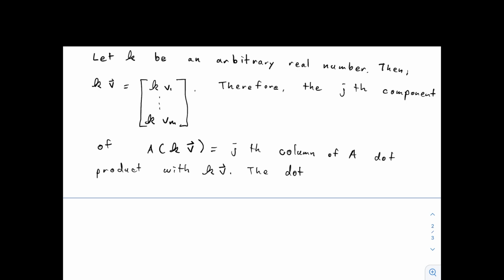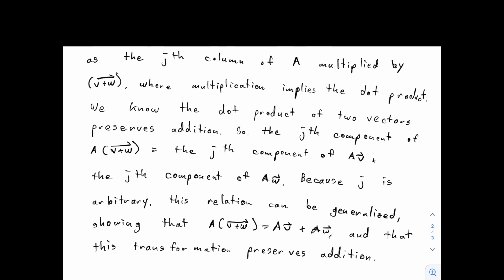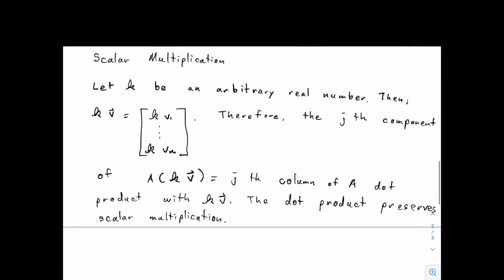The dot product preserves scalar multiplication. And inherently in writing this, I'm assuming that we've already proved that the dot product preserves scalar multiplication, and before that that the dot product preserves addition. But I'll leave that as an exercise, as they say.